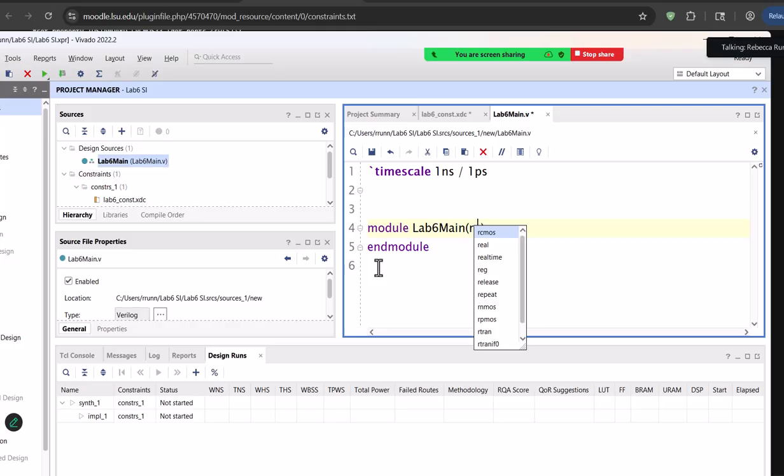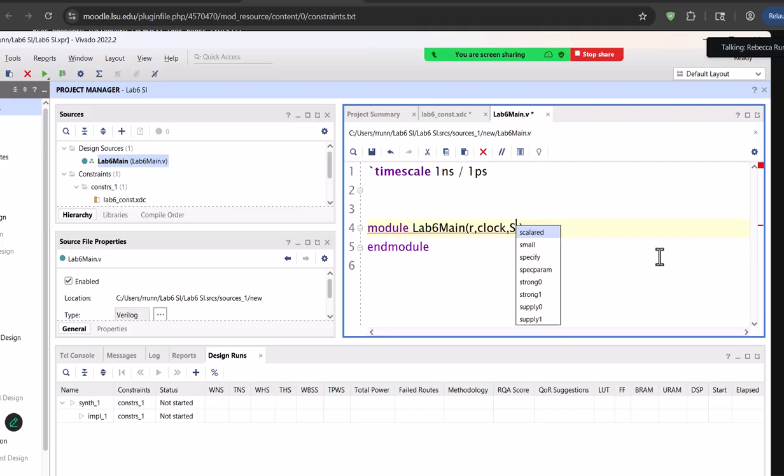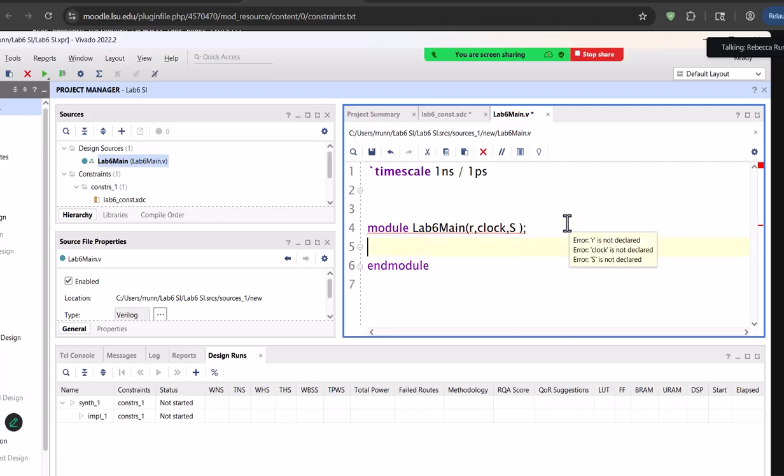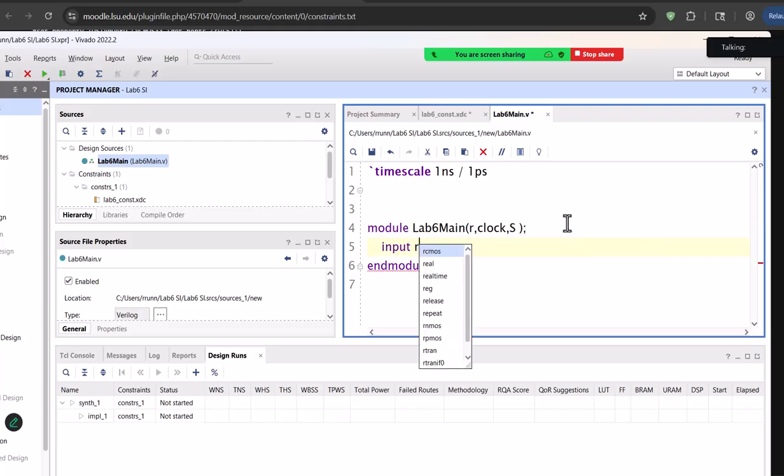My inputs are R and clock, and my output is S. Clock is also an input.